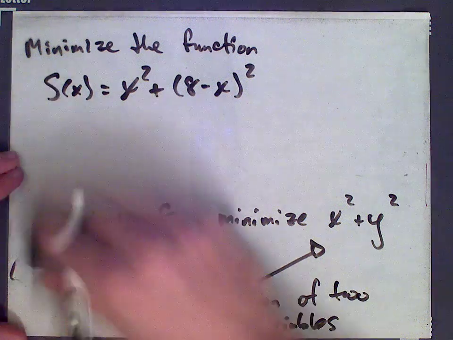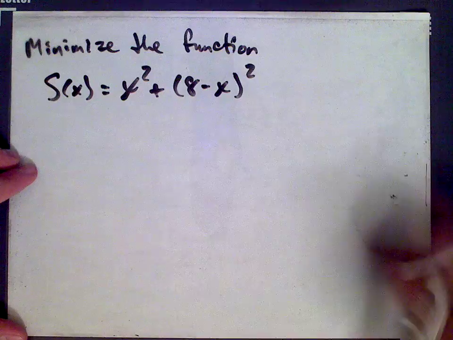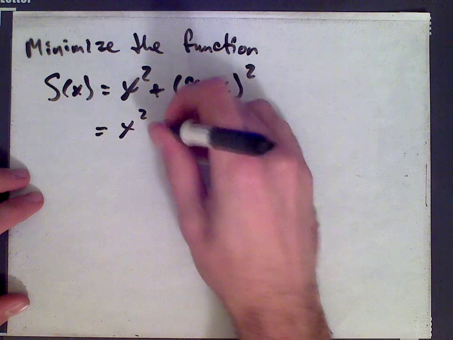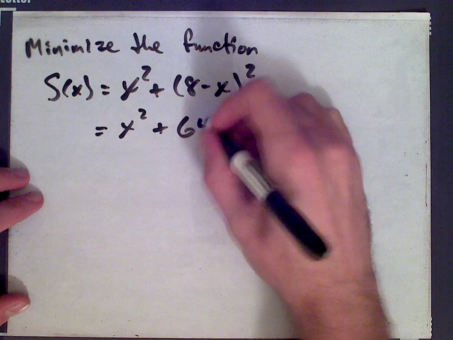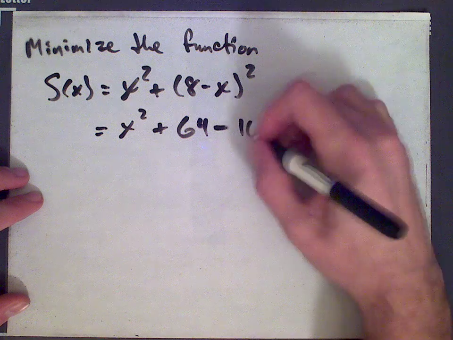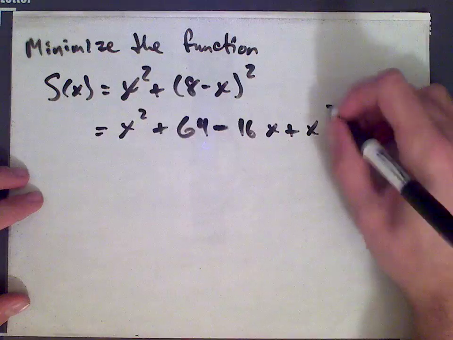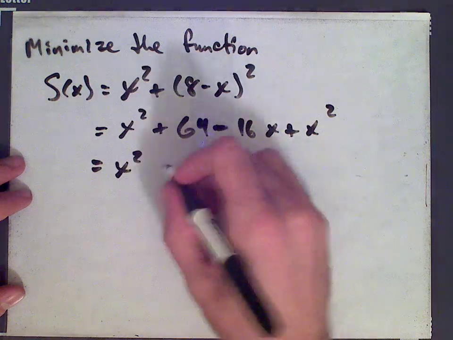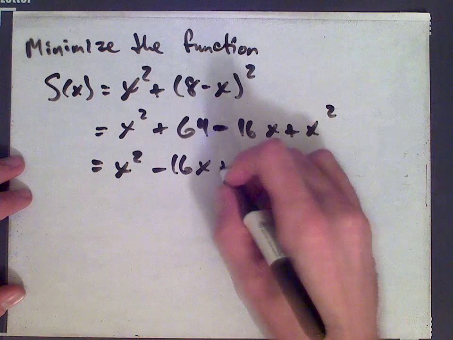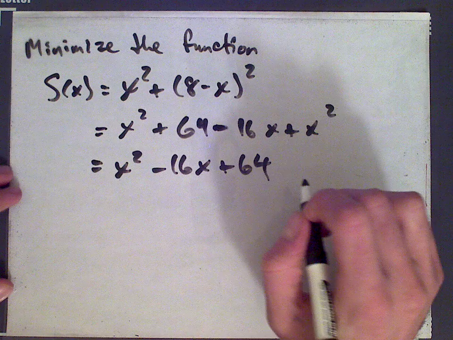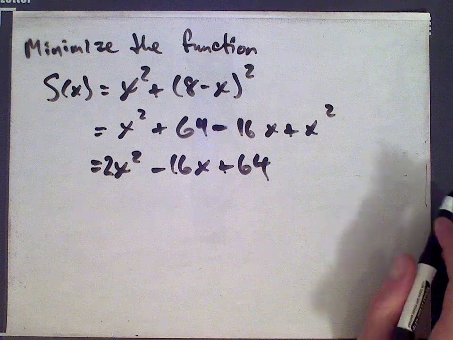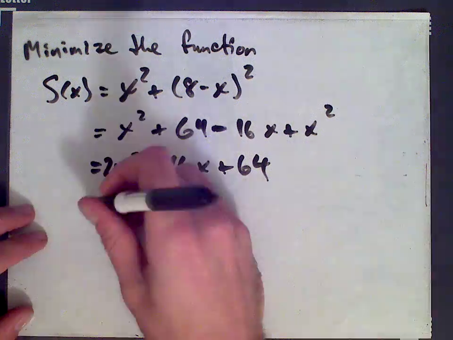Okay, so I'm just going to simplify the form of this function a little bit by expanding those brackets. We get 64 minus 16x plus x squared. And then collecting like terms, we get 2x squared minus 16x plus 64. Okay, and let's factor out a 2.